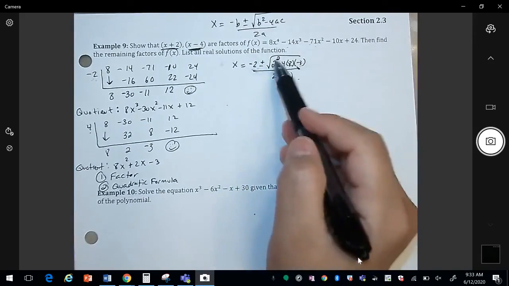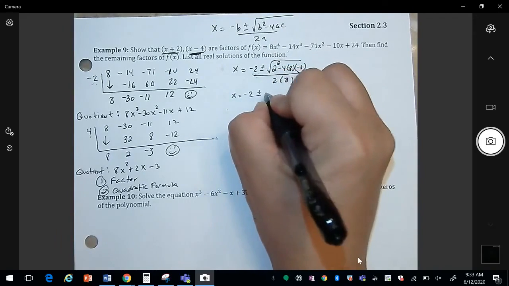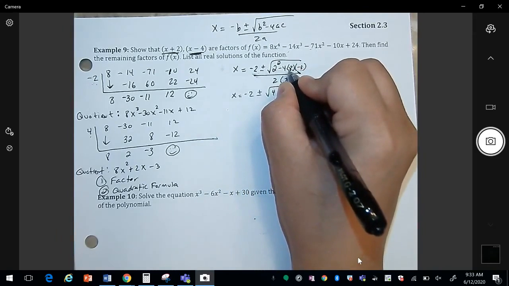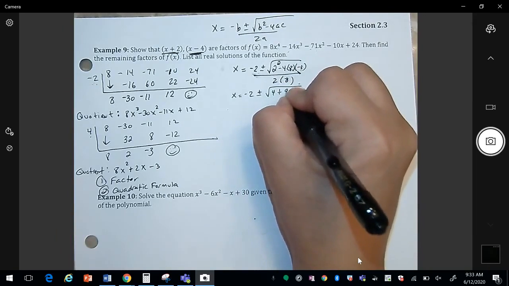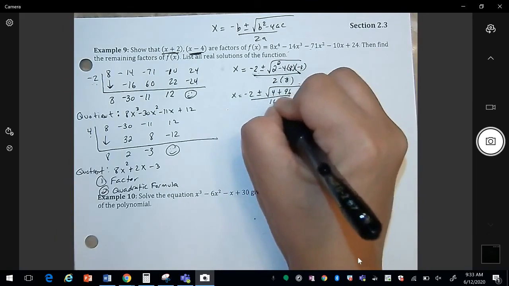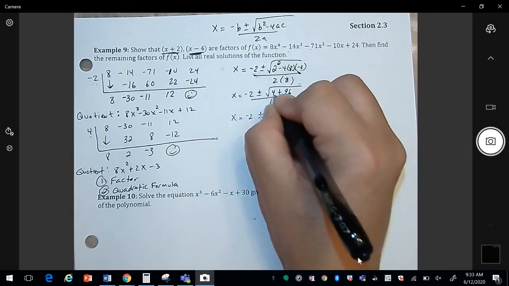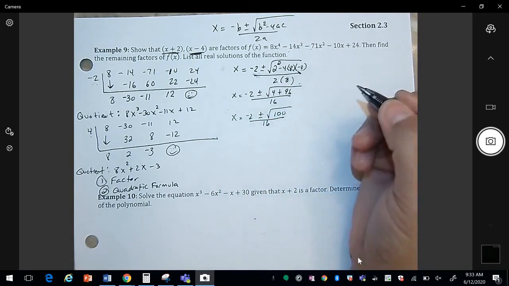So that's what I use in here. Simplify. We get negative 2 plus or minus the square root of 2 squared, which is 4. Negative 4 times 8 is negative 32, times negative 3 is positive 96, divided by 16. 4 plus 96 is 100, divided by 16.